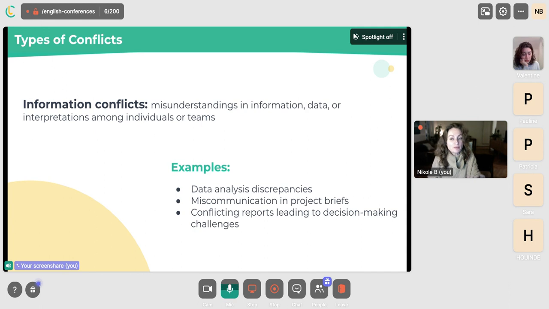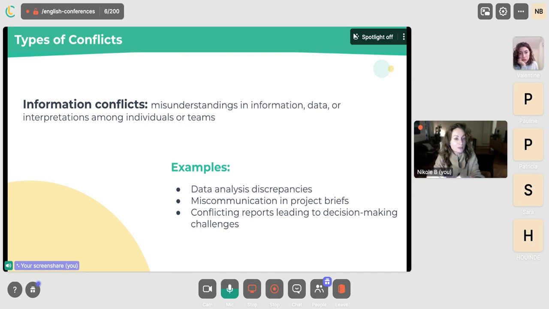This is the type of conflict that arises from a misunderstanding in information or data or an interpretation of that information. So for example, 2 people are looking at a spreadsheet and they understand the information differently, okay? So it's a data analysis discrepancy.